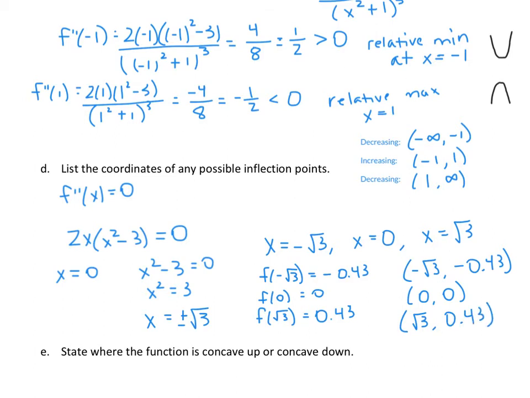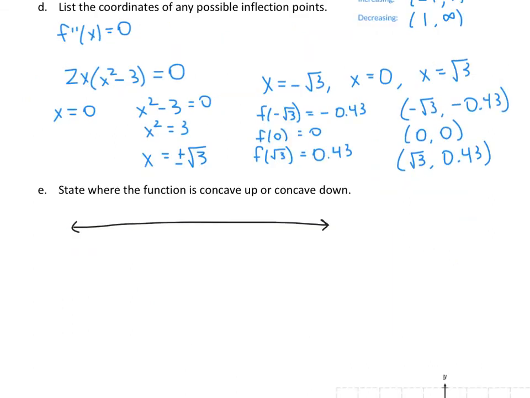Next, we want to state where the function is concave up or concave down. Our possible inflection points are where the function may change concavity. So we want to divide the x-axis up into intervals around those possible inflection points. We found 3 possible inflection points: negative square root of 3, 0, and positive square root of 3.